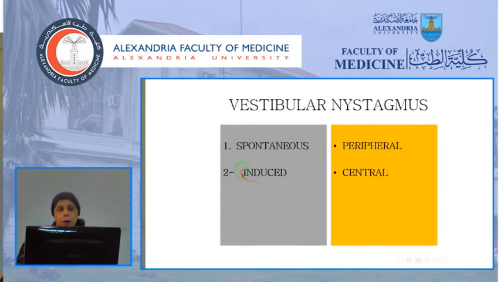Induced means that you manipulate the patient to induce nystagmus and see if it is present. And vestibular nystagmus does not only relate to the labyrinth, which we call peripheral, it also has a central origin, where we call it central, or vestibular nucleus affection.